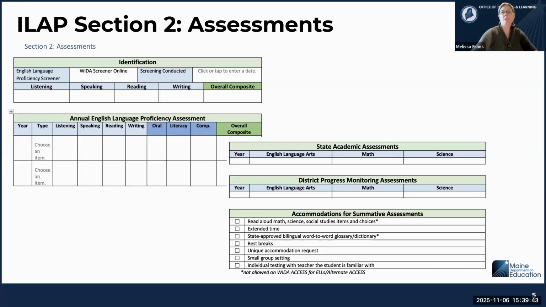Thinking about what progress monitoring tools you're using. And also, how do you correlate your district's curriculum assessment data with state assessment data for multilingual learners within the lens of their English language proficiency levels?